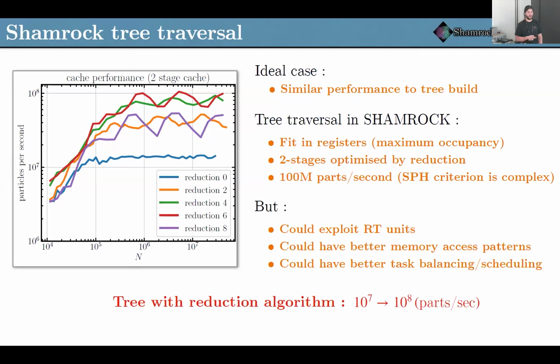Now, if we start to apply some reduction to the tree, we can bump this number by about a factor of 10, if we use level 5 or something like that in reduction, to about 100 million particles per second for the neighbor search. But here we could very well exploit ray tracing units. Basically, this is AABB intersections within radix trees, which is basically ray tracing. We also could have better memory access patterns and task balancing and scheduling to bump up that performance even higher.